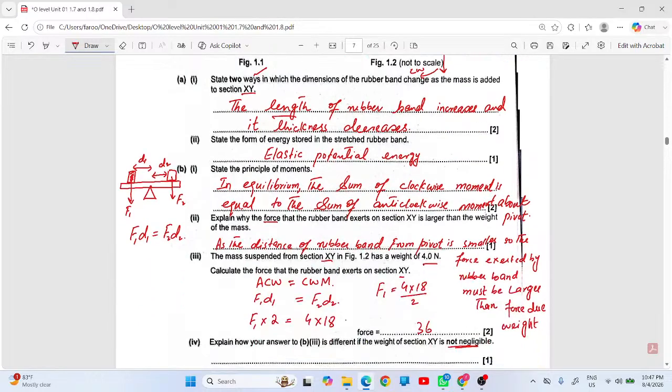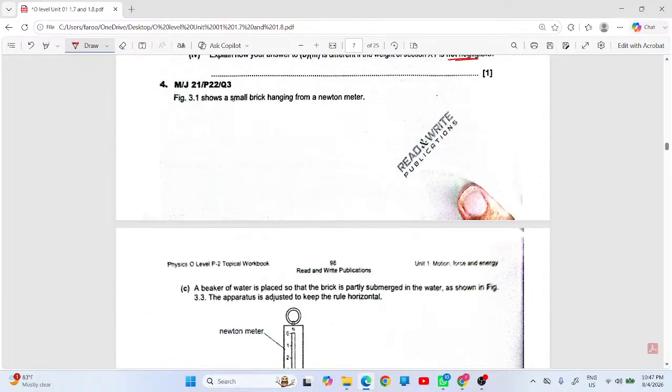So the weight of XY creates clockwise moment. ठीक है.